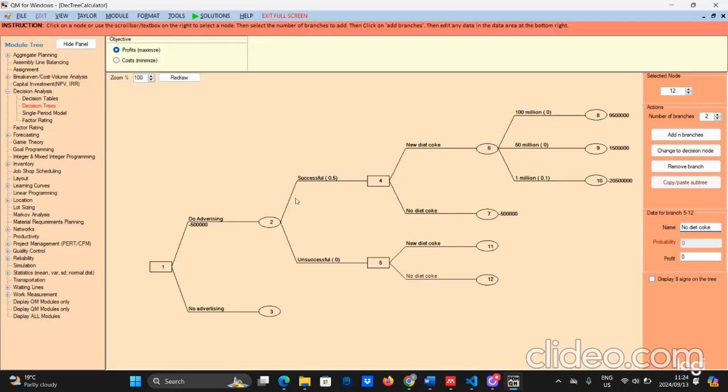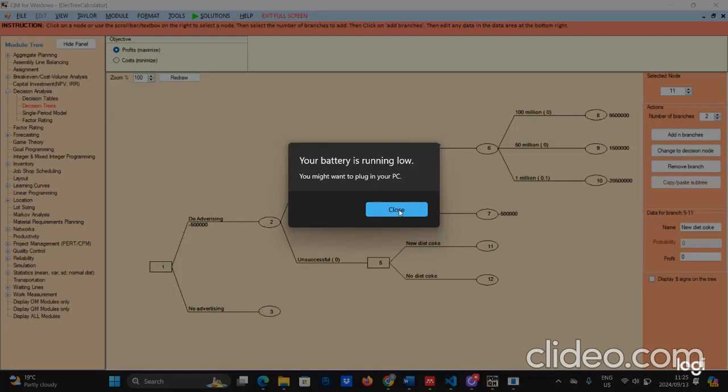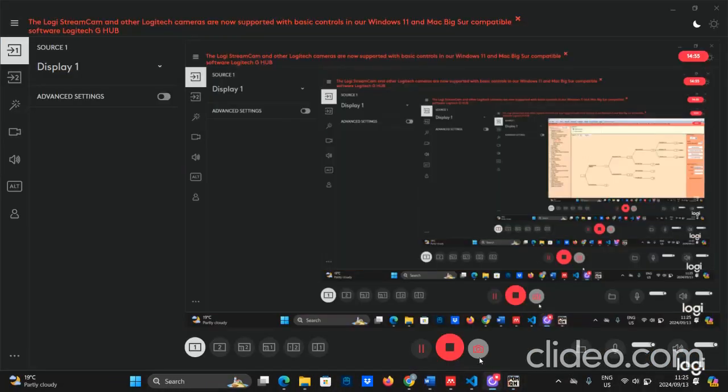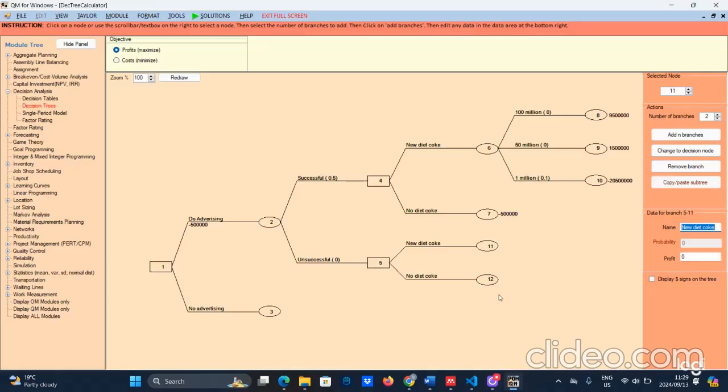And then they said if the marketing campaign is successful and they decide to introduce the new diet coke, they can either sell... As I was saying, if the marketing campaigns are successful, they can decide whether to introduce or not introduce a new diet coke, right?